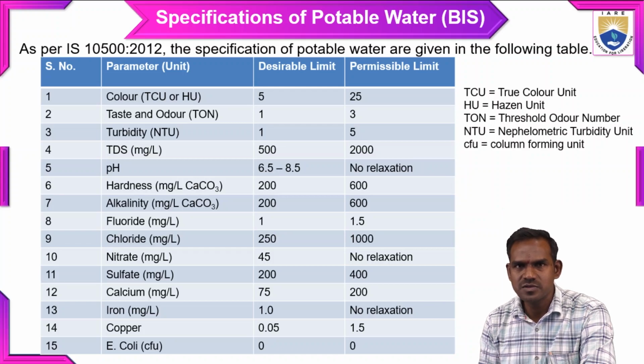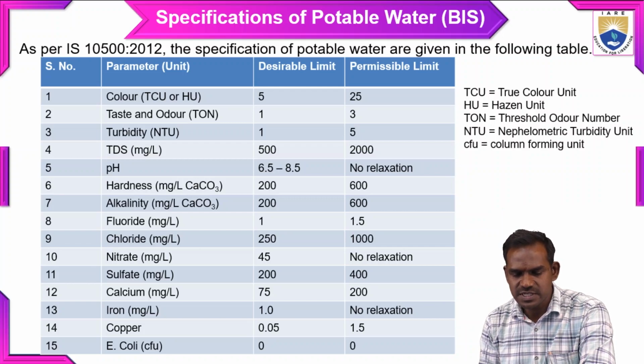This is the code which is set as standard specification for potable water. And the organization which sets these specifications for potable water is Bureau of Indian Standards, which is abbreviated as BIS.